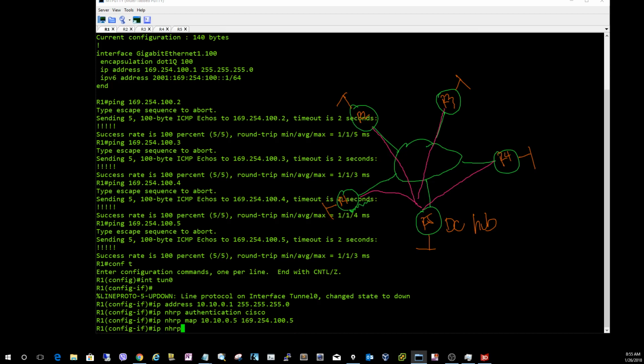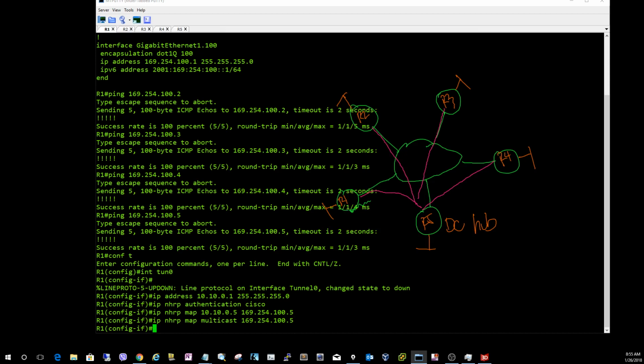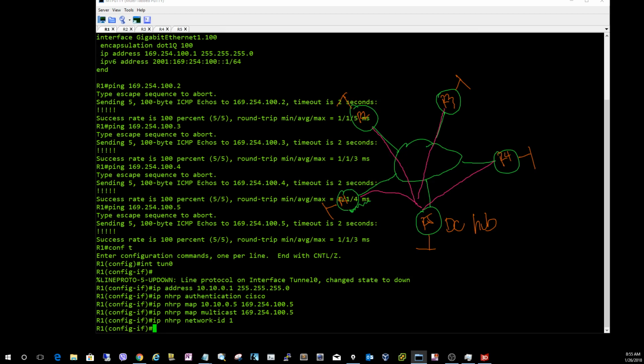Okay, then the next one would be NHRP map multicast, and this is going to be for the public IP of the hub, and IP NHRP network ID. Okay, so we'll just pick one. Like I said, this will be useful if you're going to do multiple hubs setup. I'm not going to get into that.